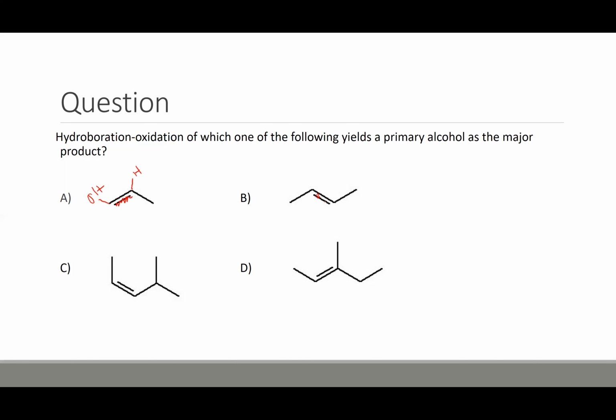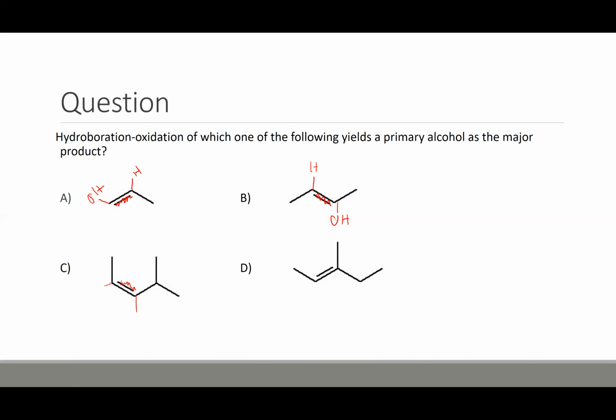For B, this would break. Now notice these positions are actually equal. So it doesn't matter where I write these, they have an equivalent substitution. For C, again, this side and this side are generally equivalent. You have a bulkier group here, meaning generally you're going to push your first group to the other position.